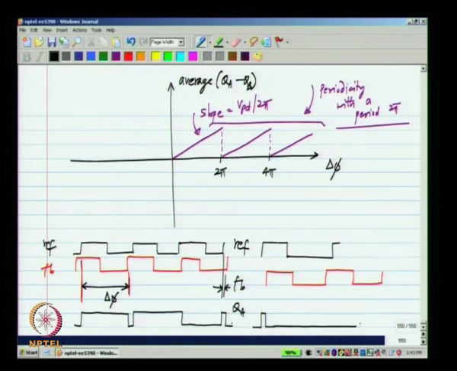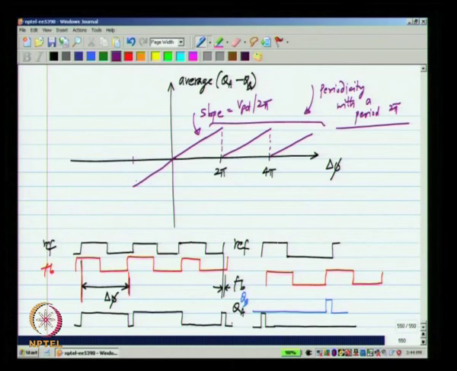So, the QA will remain at 0 and QB will become 1 and it will do that. So, if you start with a small positive delta phi, but then make it negative, the output will become negative, because QB becomes high and QA will remain at 0.